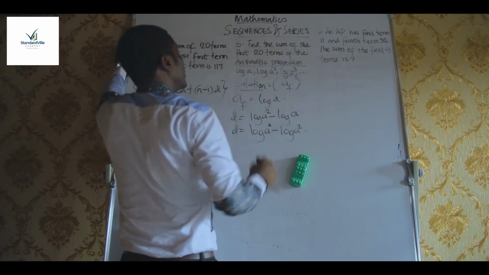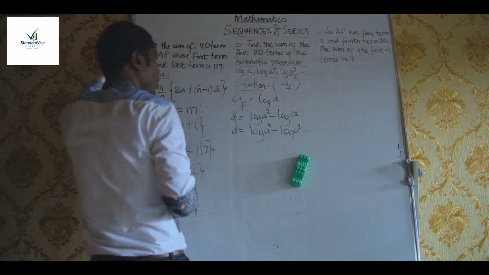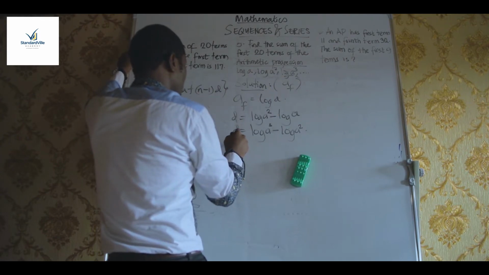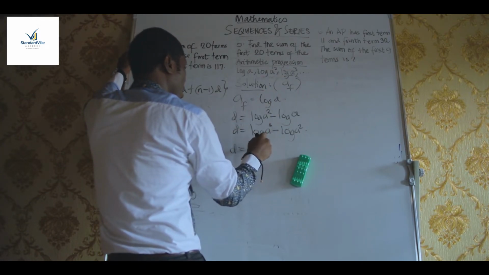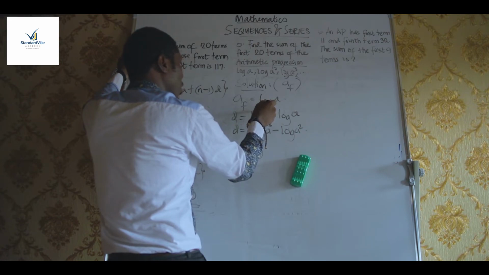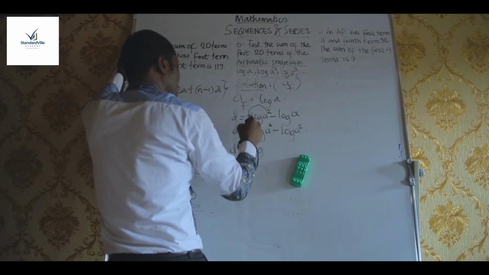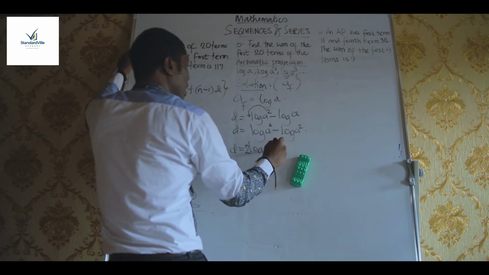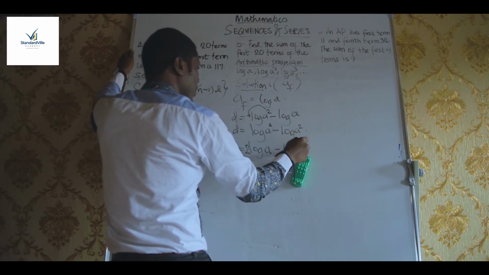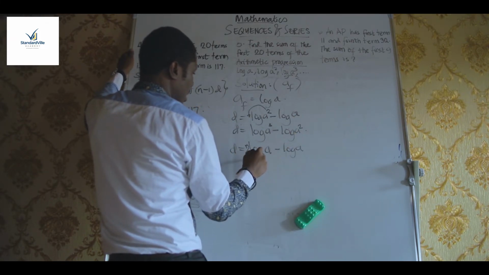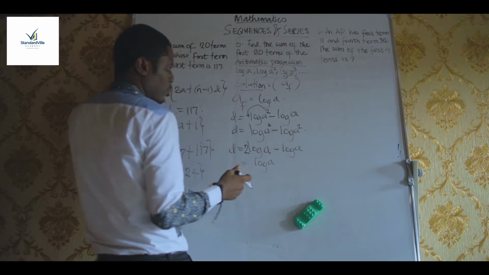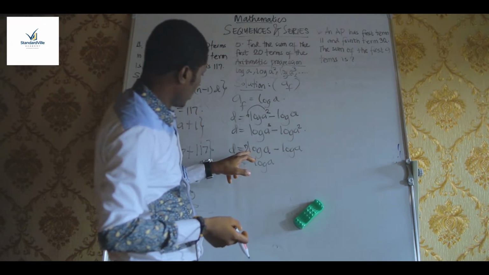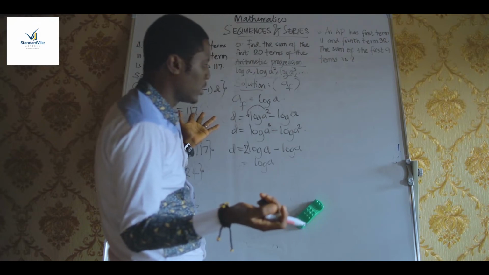This minus the previous one. Any one I use, I'll get the same answer. So D is equal to, instead of writing A squared, there's a law of logarithm that permits me to bring 2 down here. So it's 2 log A minus log A, which is equal to log A, because 2 minus 1 is 1.